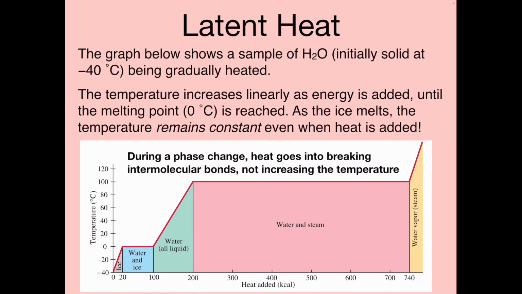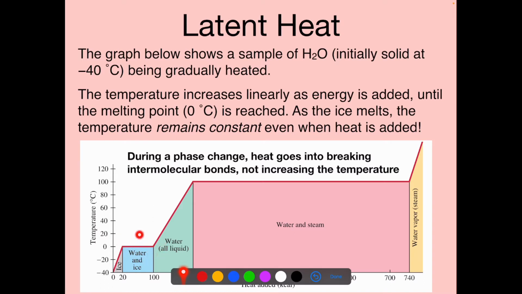But something interesting happens past that. At this point on the graph, we have solid ice right at the melting point, 0 degrees Celsius. If we add more heat past this point, the temperature actually doesn't go up anymore. The temperature just stays constant at 0 degrees Celsius.